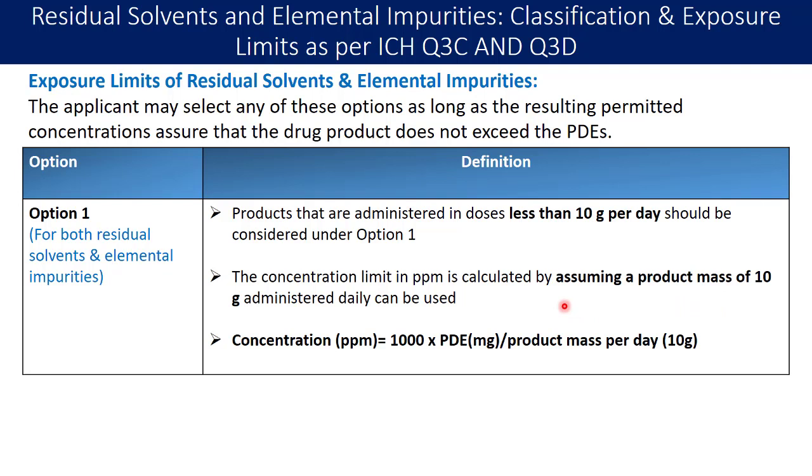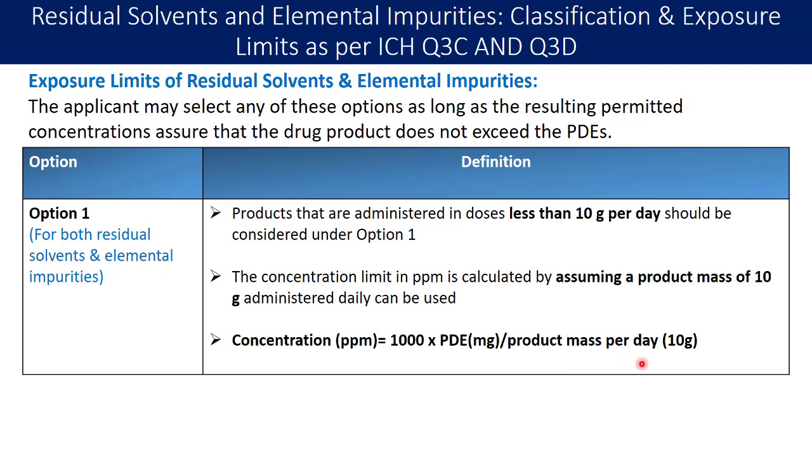So in this case, what happens? You need not consider the actual product mass. What you need to confirm is that the product mass consumed per day is less than 10 gram. Once you do that, you can use the calculation formula for concentration. That is, concentration in ppm equals 1000 times PDE in mg divided by product mass per day, and here by default you have to consider the product mass as 10 gram.